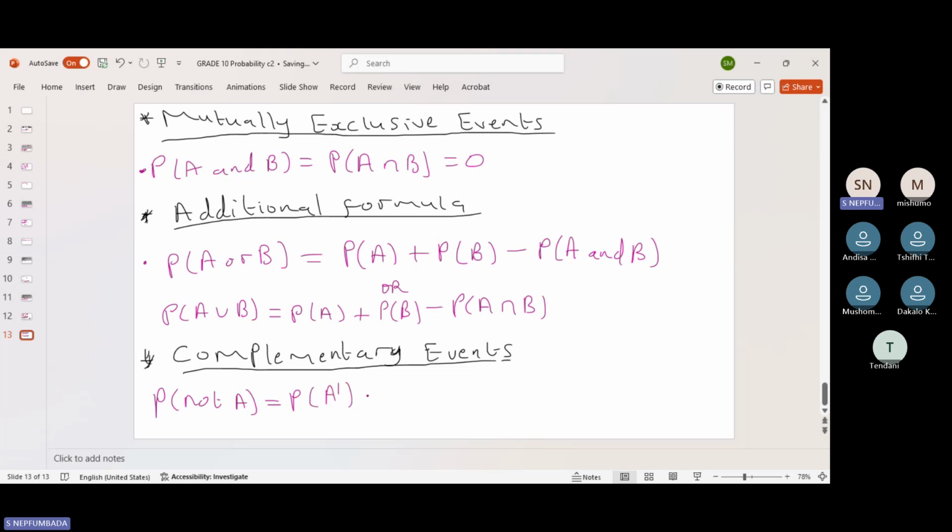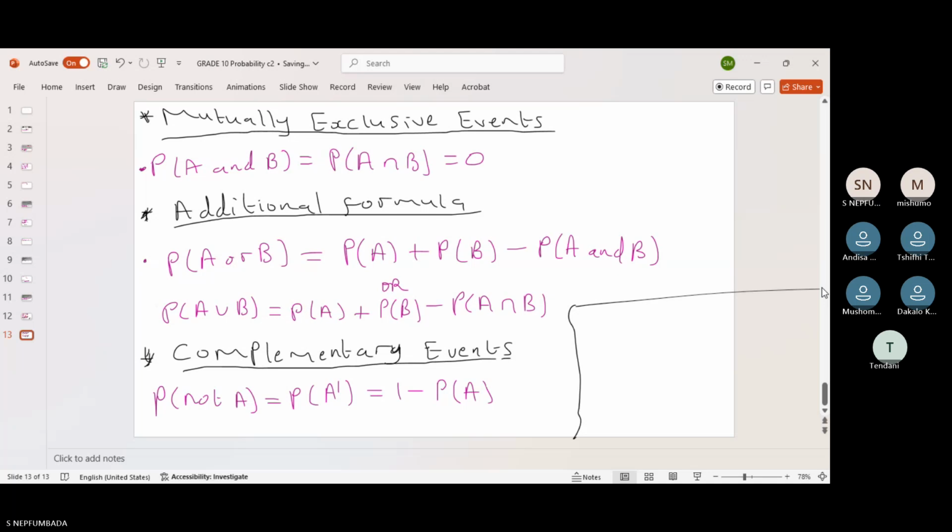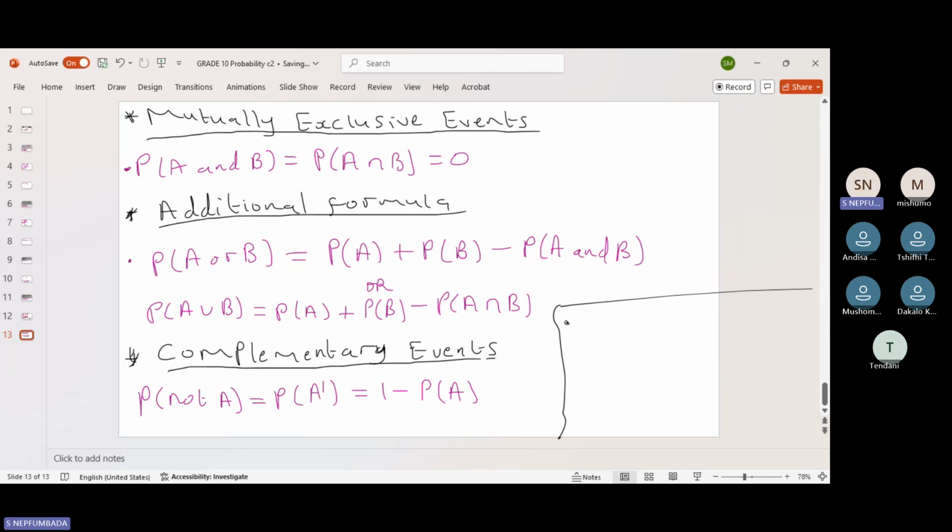This is nothing but 1 minus the probability of A. And lastly, we talk about the formula for probability. The probability of an event is equal to the number of outcomes in the event divided by the number of outcomes in the sample space. Are we fine? So this is what we call our probability.